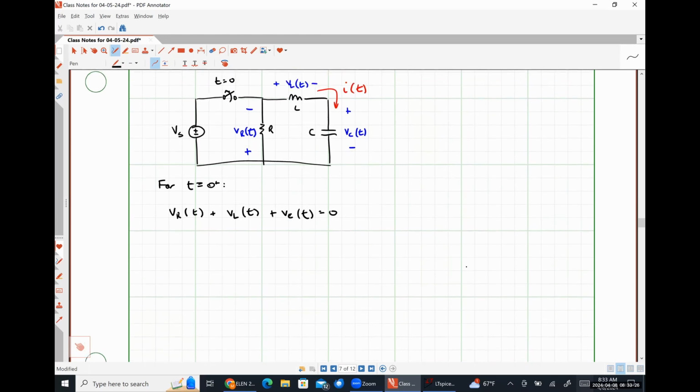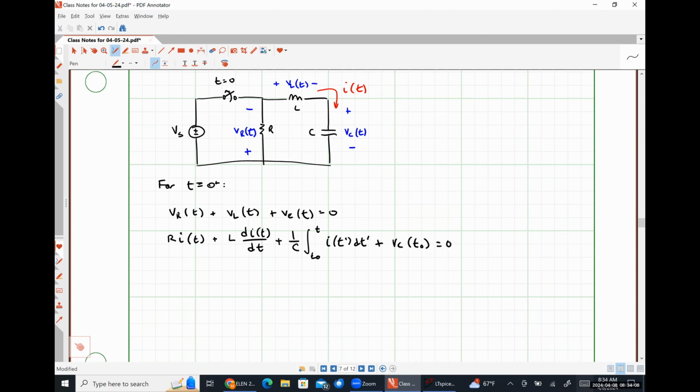I can express all three of those voltage drops in terms of that current I. So that's going to look like R times I of t plus L times di by dt plus 1 over C times the integral from t naught to t of I of t prime dt prime plus Vc at t naught is equal to 0.